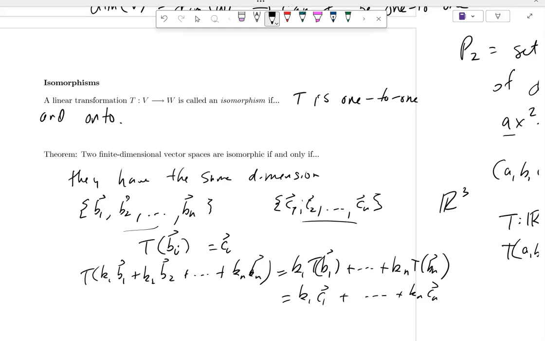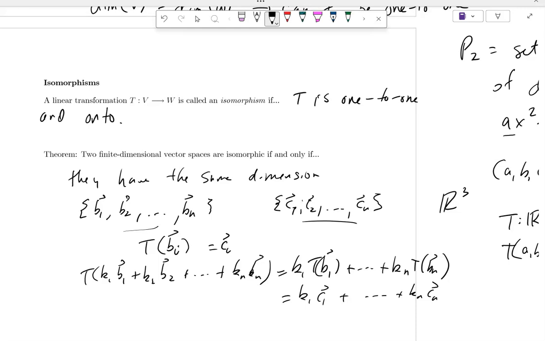I've corresponded linear combinations of this basis in my input space with linear combinations of these vectors in my output space, right? This is essentially an arbitrary vector in my input space. I've done a correspondence with that with an arbitrary vector in my output space. I have a nice one-to-one and onto function now. So they have to be not identical, but isomorphic as spaces.